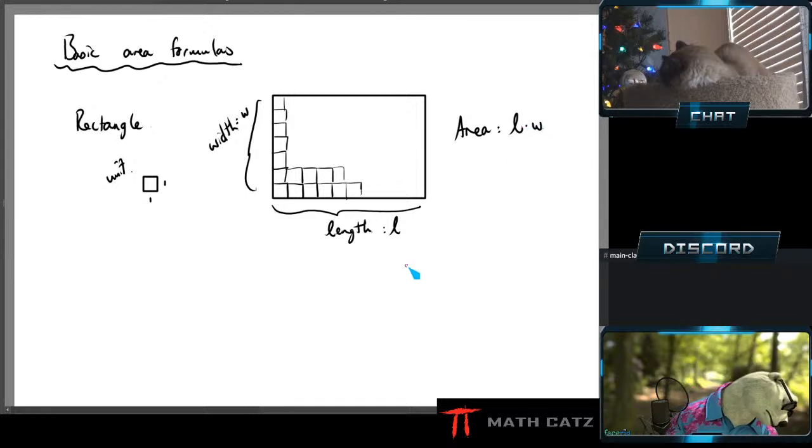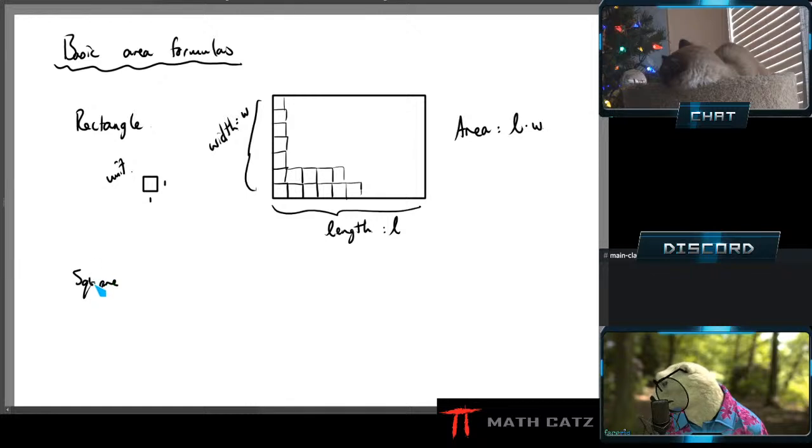Of course, at this stage in life, I hope everyone already knows that. But you introduce that, you lead students to that formula by way of this basic area concept of fitting a unit in and then counting the rows and columns, and that would be multiplication. Okay, so a rectangle.